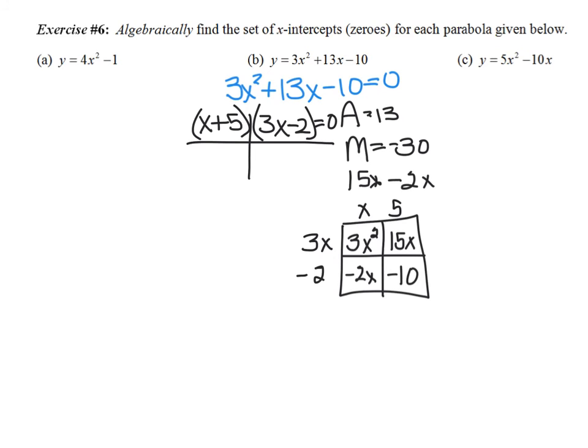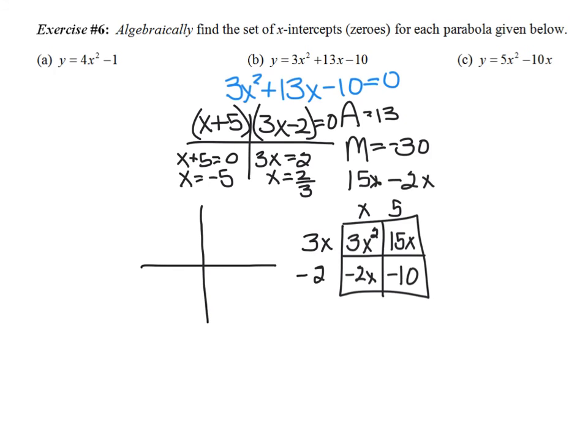When I make the T-bar, I'm getting x plus 5 equals 0, so x must be -5. And 3x minus 2 equals 0, so 3x is equal to 2, and x would be equal to 2/3. Now think about what this means on my graph. I know, of course, that I have a parabola that opens up because the coefficient of x squared is positive.